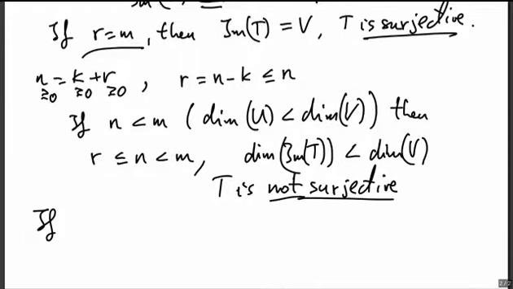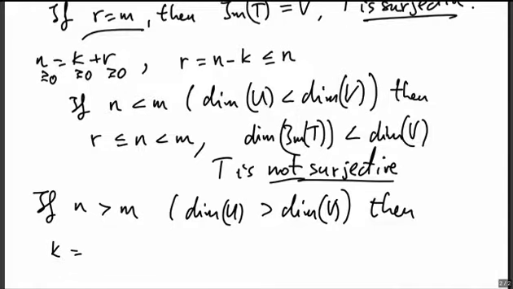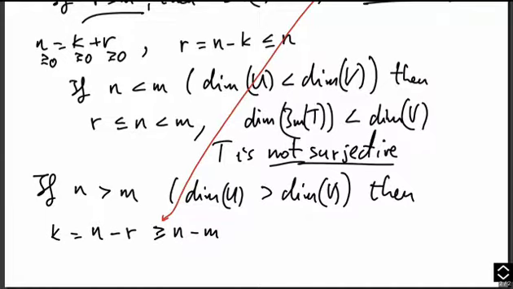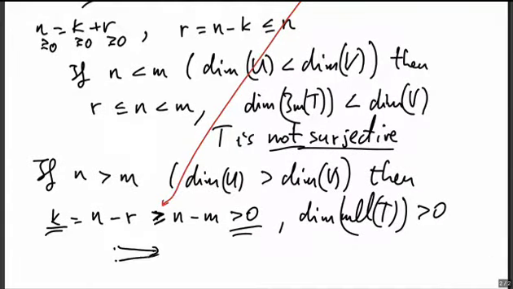If, on the other hand, we have n larger than m, which means the dimension of U is larger than the dimension of V, then we have that k, which can be written as n minus r, is greater than or equal to n minus m, since it is always true that r is less than or equal to m. But then if n is larger than m, this is positive, which means the dimension of the null space is positive, and that implies that several vectors might have the same image.